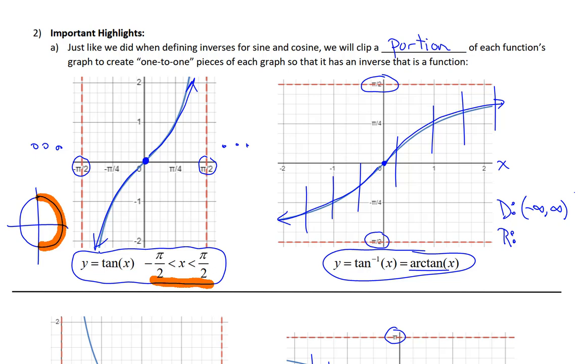However, the range, based on where we've clipped and restricted the original tangent function, is stuck between -π/2 and +π/2. So we're going to mark that down because that's really helpful in us evaluating this expression. We're adding this in to what we already drew with the graph, but it's relevant because if we're evaluating a tangent inverse expression, it's got to have an output or a value that's within the range of -π/2 to +π/2.